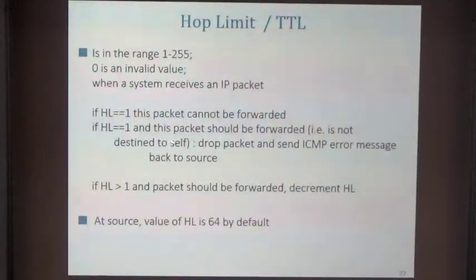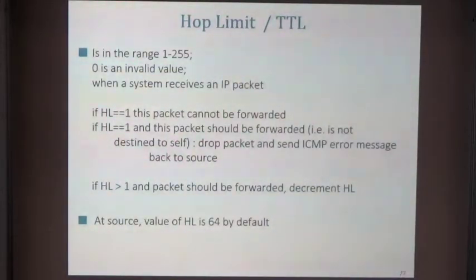Which means that when I receive a packet and I can decrement it by 1, which means if its value is larger than 1, then I decrement and forward. If it's equal to 1, and this packet is for me, things are fine, no problem. But if it should be forwarded, when forwarding it, I should set the value to 0, which is invalid, which means I should kill this packet.